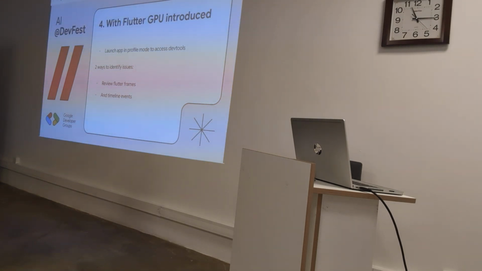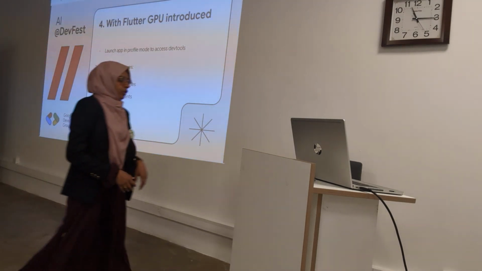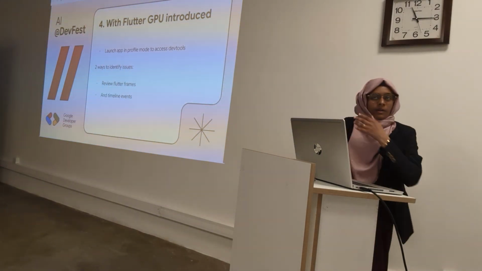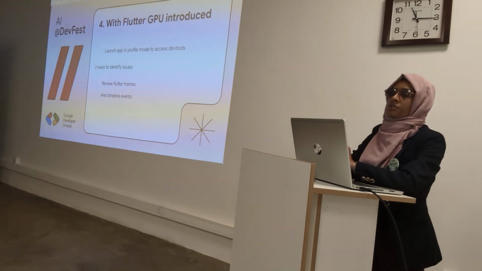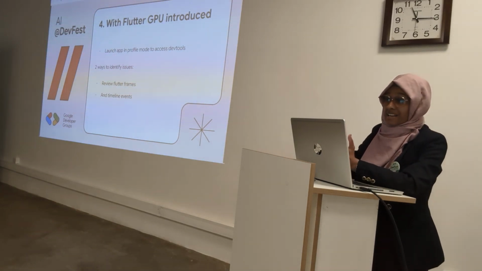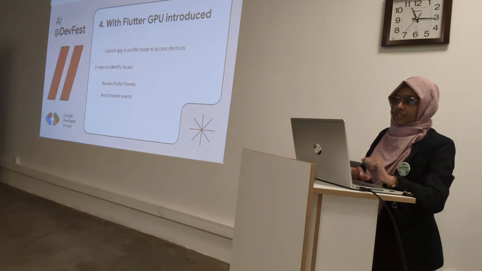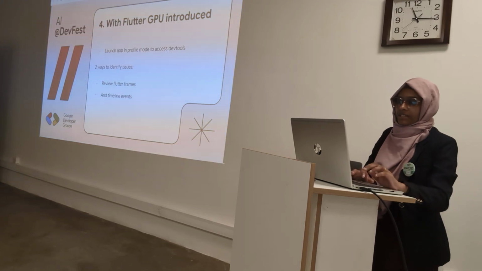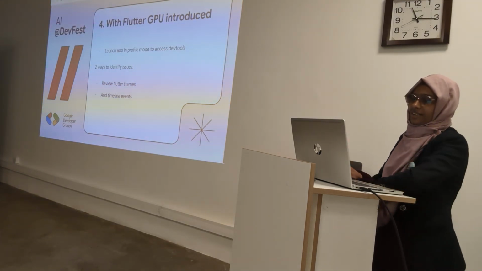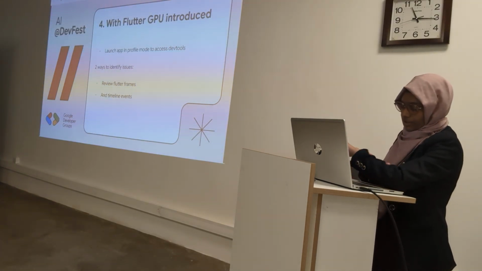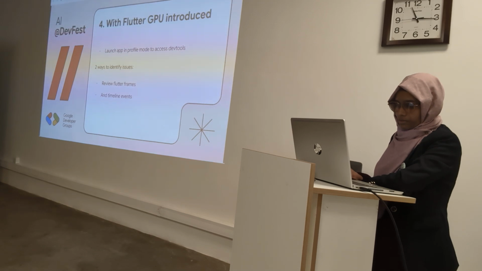This is just a very small application, but you can build games with it, you can build very complex animations with it, you can have 3D animations as well, and it's going to run just fine. And that's basically what Flutter GPU is about.